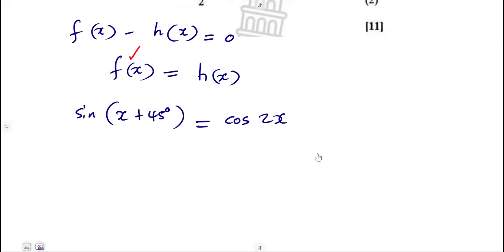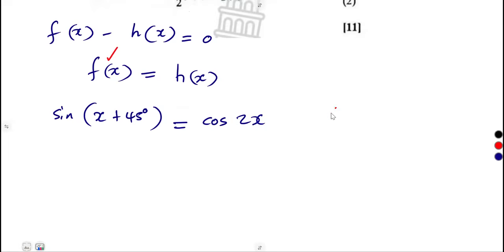Remember, from the complementary concept, the cos of x is equal to the sine of 90 degrees minus x. So when we are given cos 2x, it will be sine of 90 degrees minus 2x. Thus, we can replace the cos 2x with this, which is under a sine.